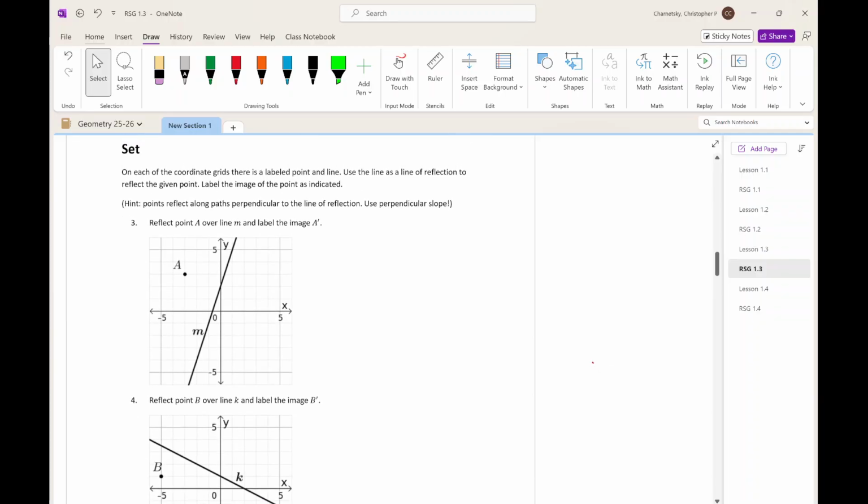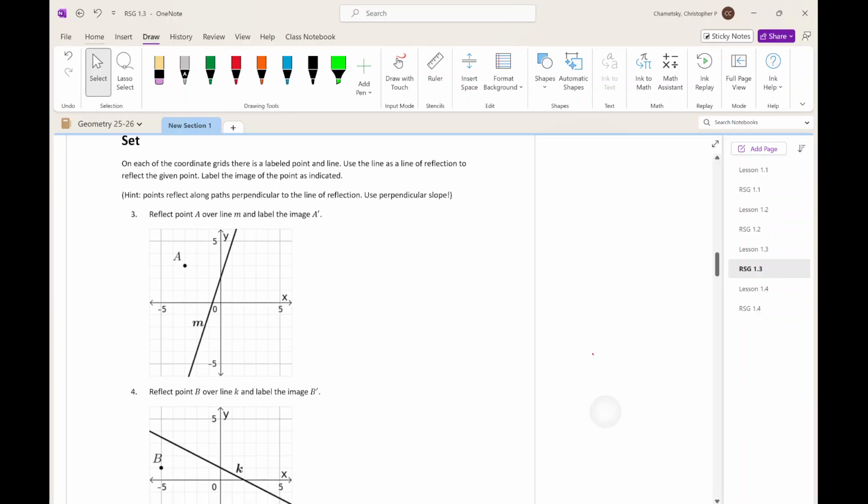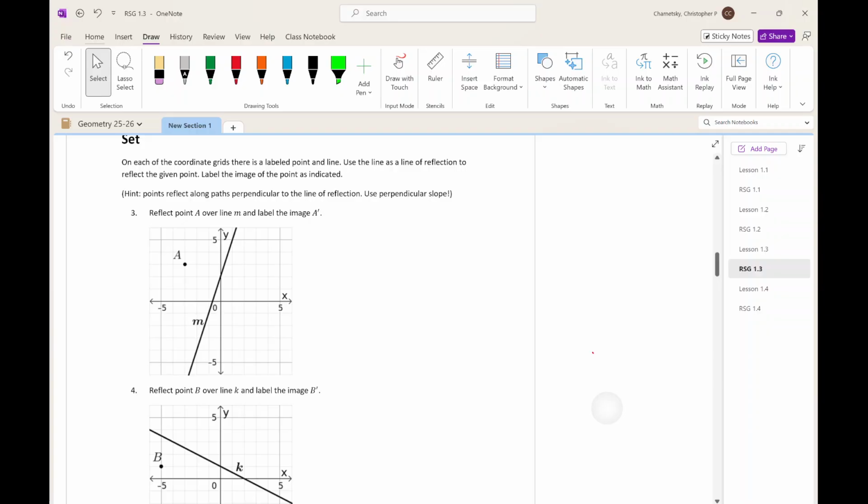On each of the coordinate grids, there is a labeled point and a line. Use the line as a line of reflection to reflect the given point, and label the image appropriately. So here's our pre-image at A, and recall that our pre-image and our image need to be perpendicular to that line of reflection.